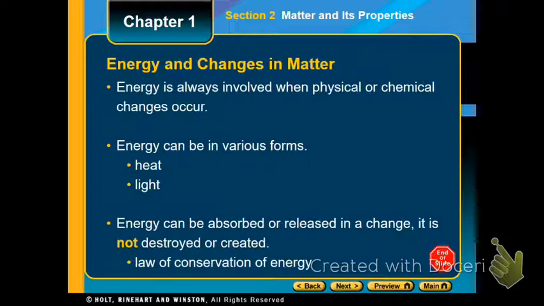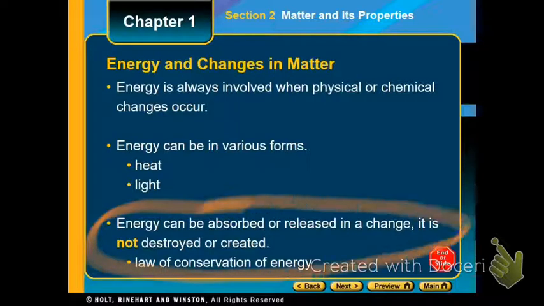If you've heard of the law of conservation of energy, that is essentially what we're talking about there. Energy comes in various forms. When we're talking about chemical and physical reactions, we are saying typically heat and light are going to be involved in these, not always. But make sure you know the law of conservation of energy, and it is highlighted right here at the bottom. Get that definition in your notes.